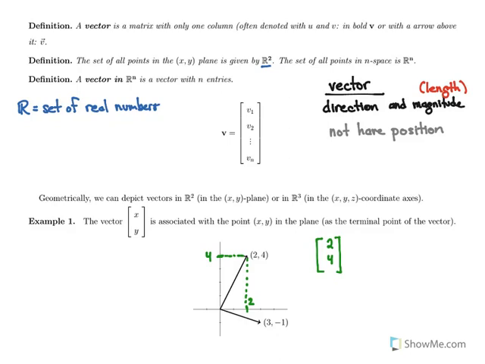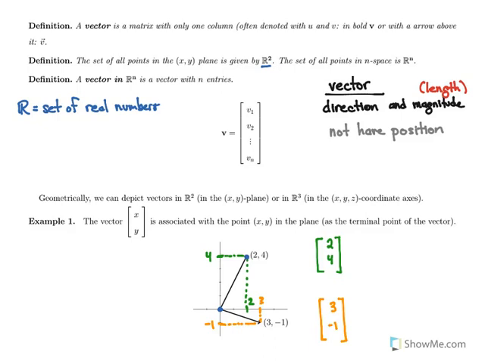And we're going to draw an arrow from the origin to that terminal point 2, 4. Same thing if I have 3, negative 1. That's going over 3 units in the x direction and down 1 unit in the y direction to give us our terminal point.